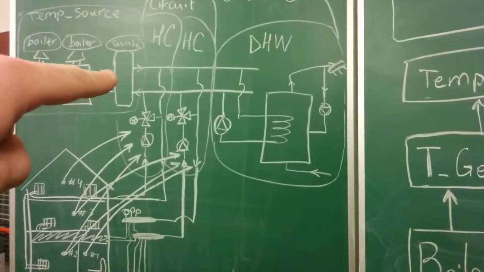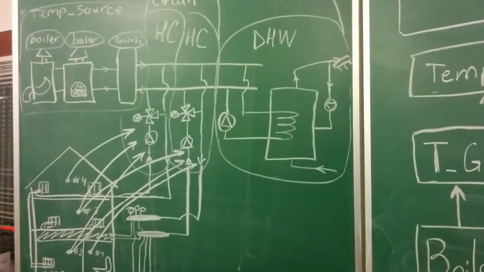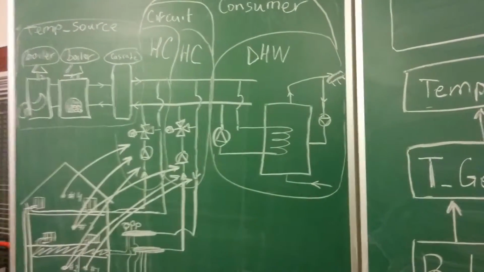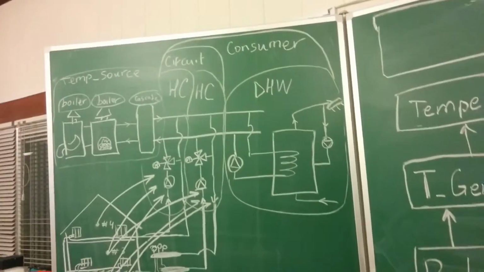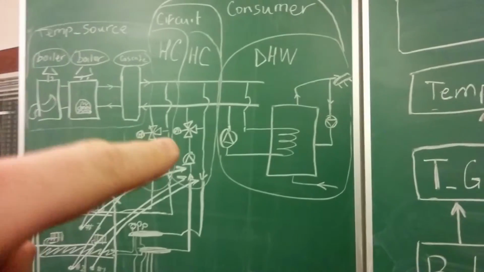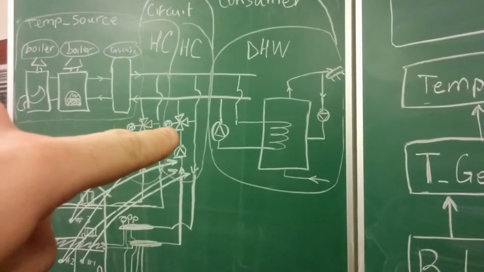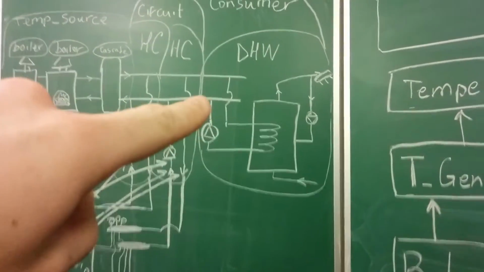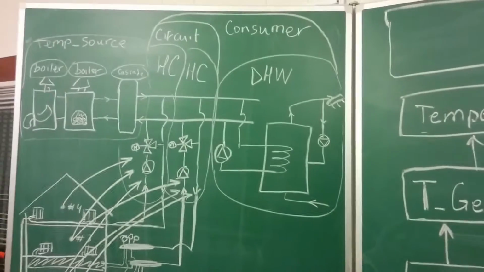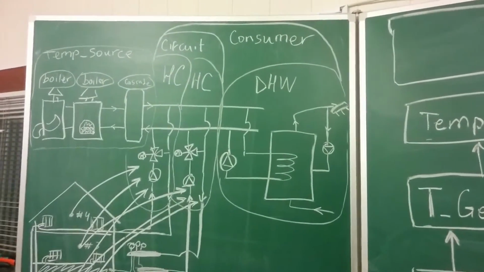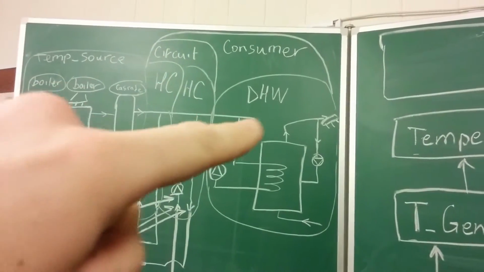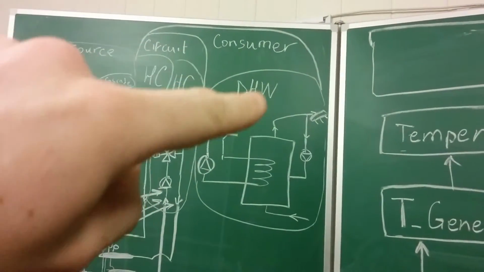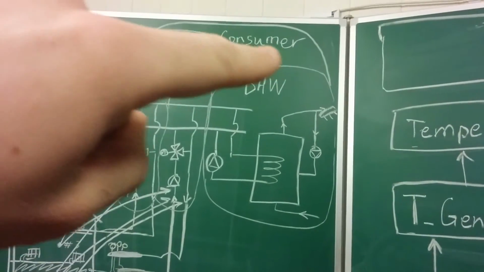Here you can have a water storage or just a pipe. Then we have some mixing circuits here, one and the second. And I have, for example, domestic hot water. Any heating circuit here is essentially a circuit, and together with hot water, they all are consumers.